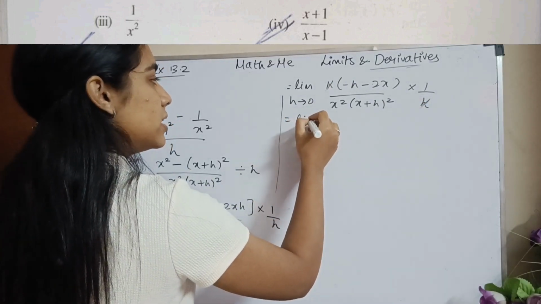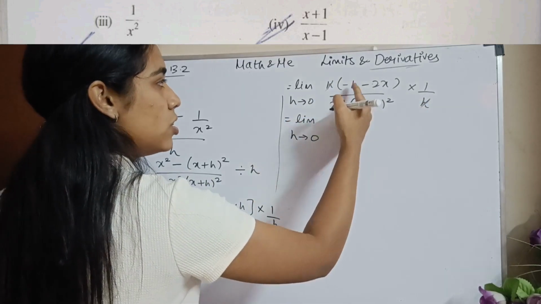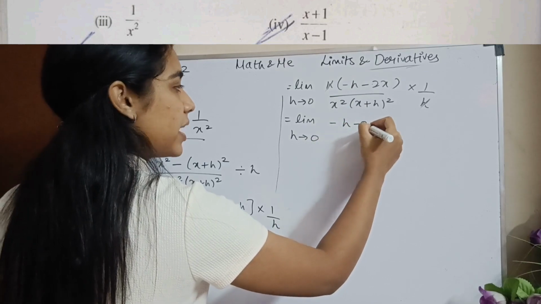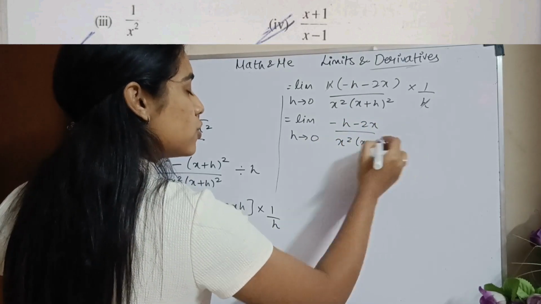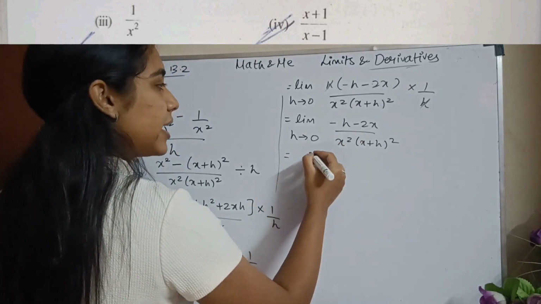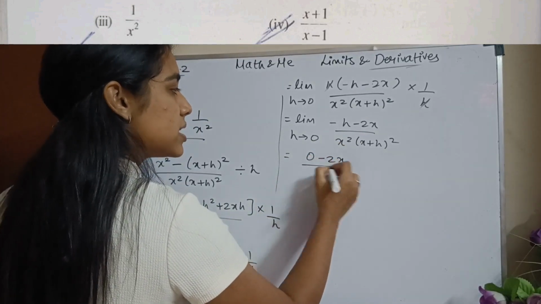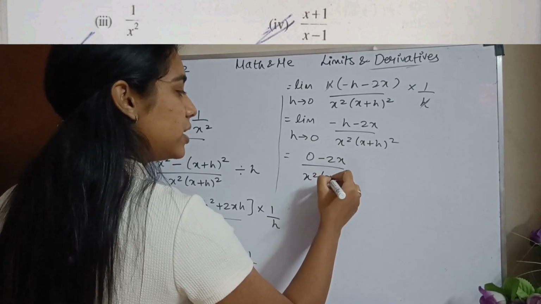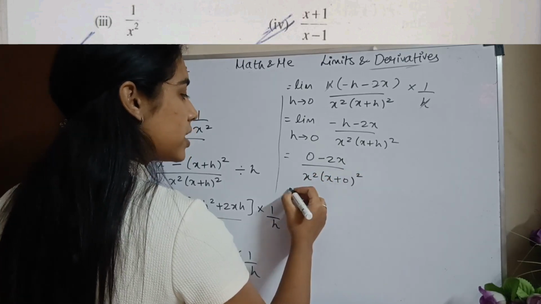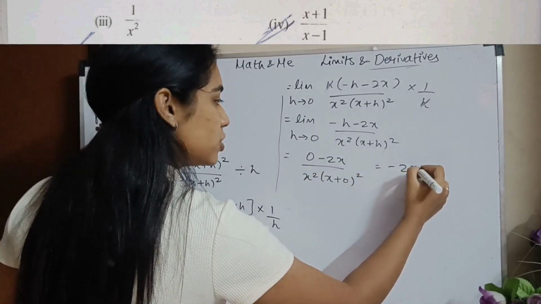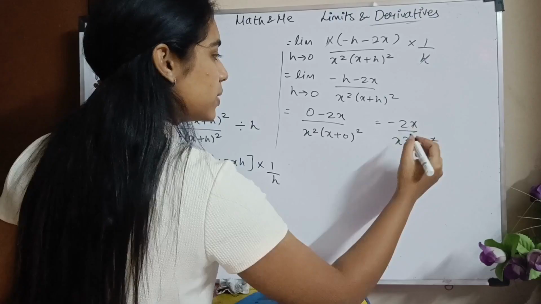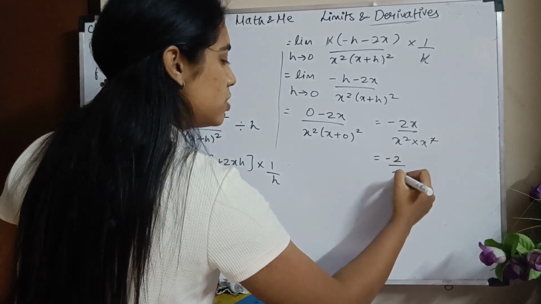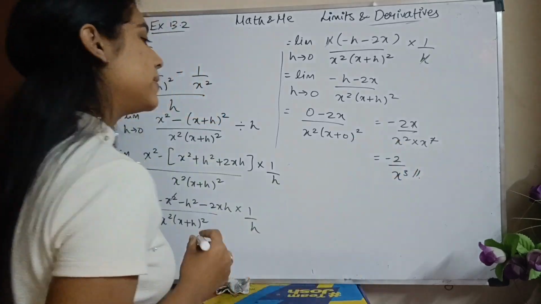So I have limit h tends to 0 of minus h minus 2x divided by x square into x plus h the whole square. Now h to 0 if I put, I have 0 minus 2x divided by x square into x plus 0 the whole square. So this will be minus 2x divided by x square times x square. So one of the x will get cancelled with this. So I have minus 2 divided by x cube. Okay?